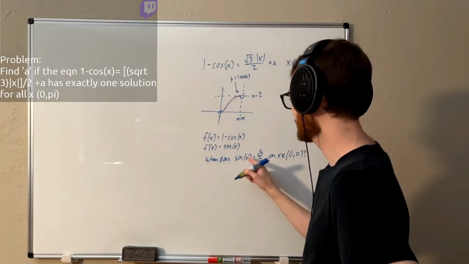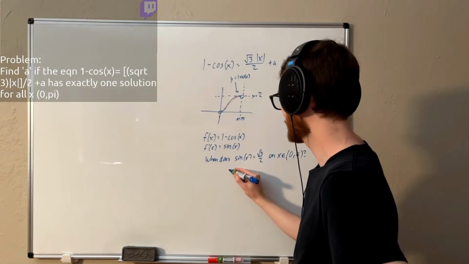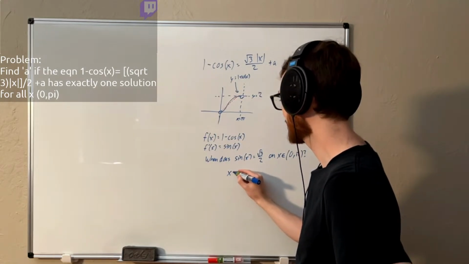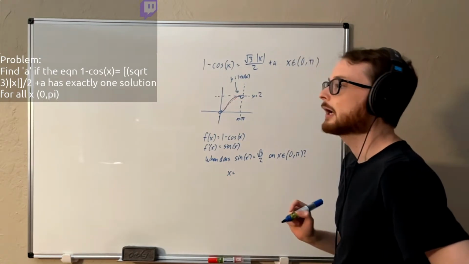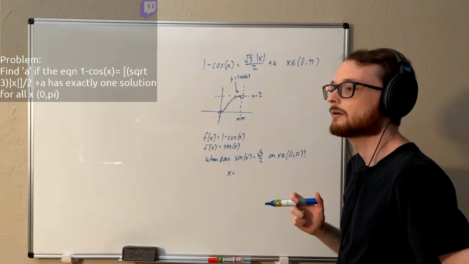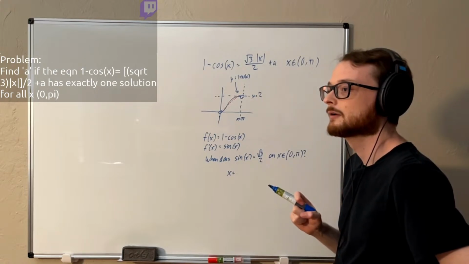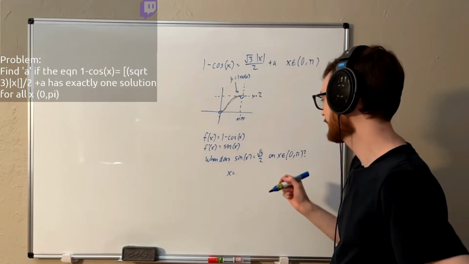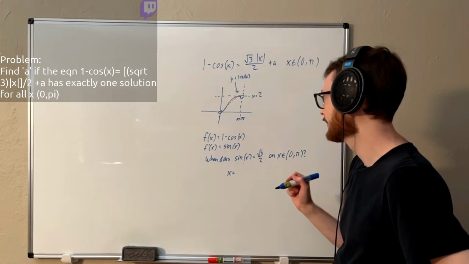So we can just solve this here, take the arc sine of each side. This is interesting because there's actually two solutions.